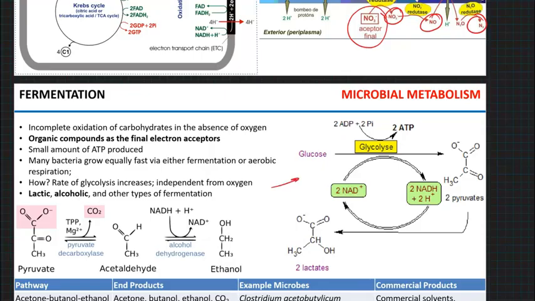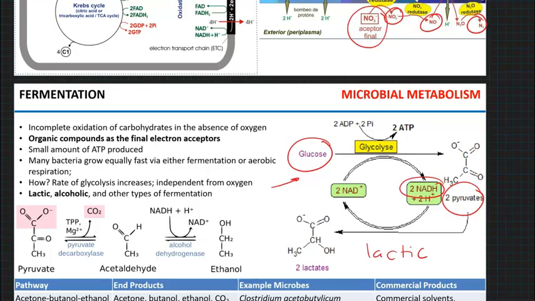On the right, this is lactic fermentation. Glucose, in the process of glycolysis, is converted to 2 pyruvates. Any questions? It also generates 2 molecules of NADH that carry electrons.